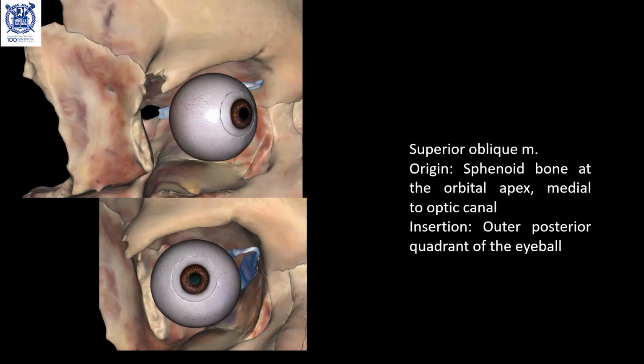Superior oblique muscle. It is also called obliquus oculi superior. It is a fusiform muscle originating in the upper medial side of the orbit, which abducts, depresses, and internally rotates the eye. It is the only extraocular muscle innervated by the trochlear nerve.